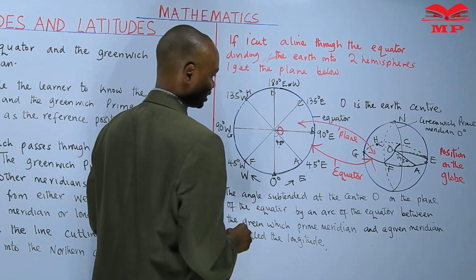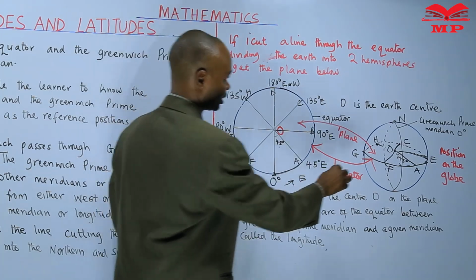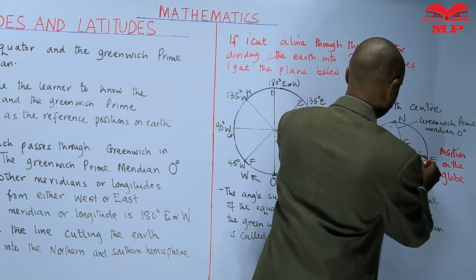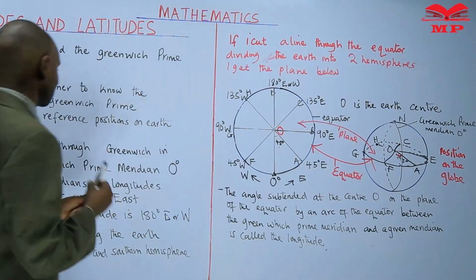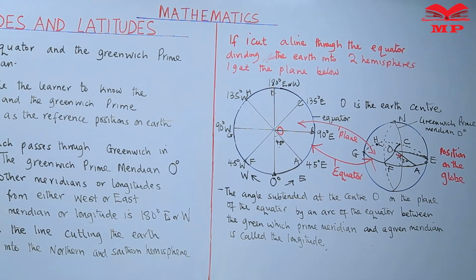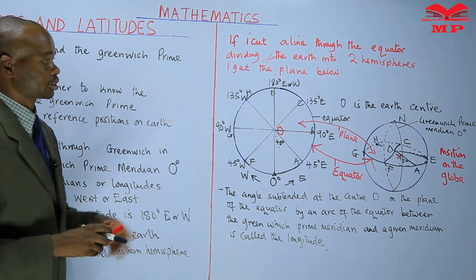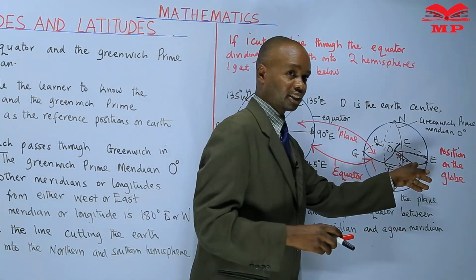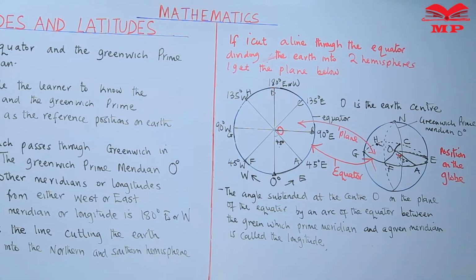If I want the longitude of A, the angle subtended between the Greenwich prime meridian, you see that one is 45 degrees. So all the other longitudes are measured from the Greenwich prime meridian, the angle subtended from the Greenwich prime meridian.